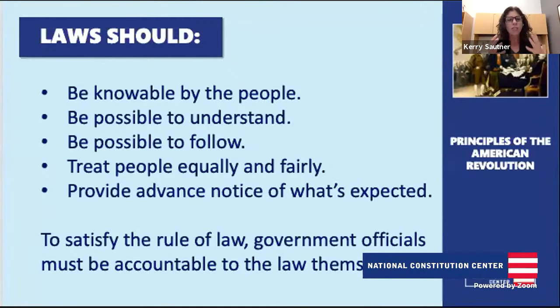Now, we talk about all these ideas, and I always think of these three, popular sovereignty, rule of law, and natural rights, as the three pillars that the argument of America is based on. And we laid out that argument in a beautiful document called the Declaration of Independence. So what are some of the pieces where we can see these pillars in the document?